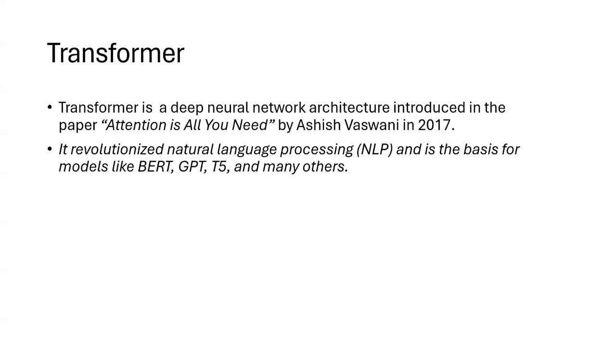And this all happened because of this one paper or architecture proposed by the Ashish Vaswani team in 2017. The architecture can be used to generate new words and process NLP.